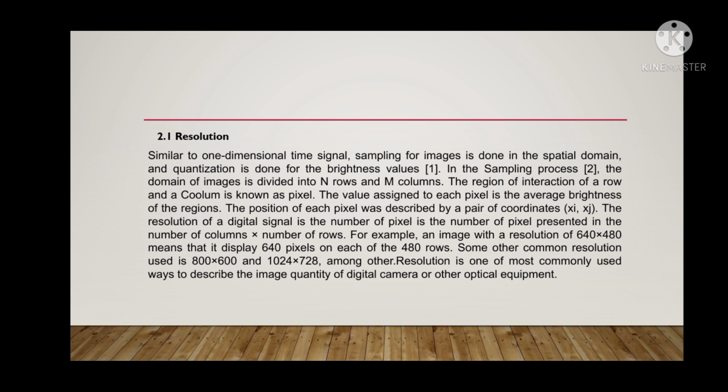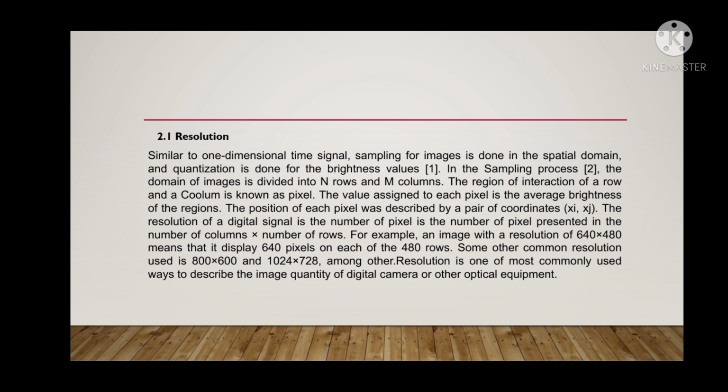Resolution. Similar to a one-dimensional time signal, sampling for images is done in the spatial domain, and quantization is done for the brightness values. In the sampling process, the domain of images is divided into m rows and n columns. The region of intersection of a row and a column is known as a pixel.